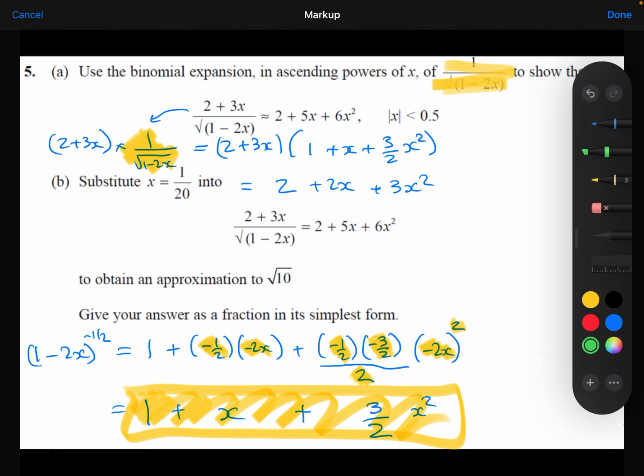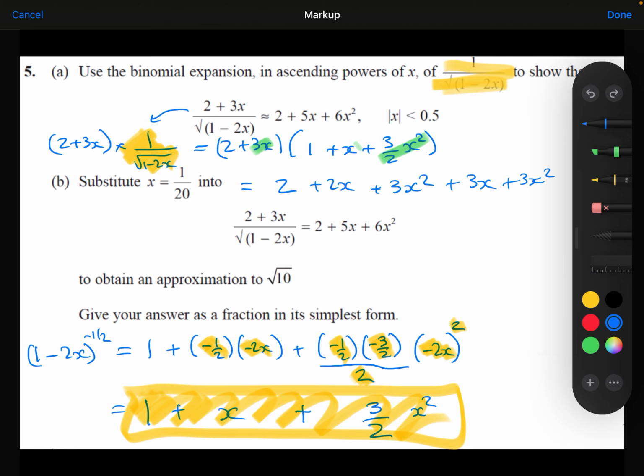We've then got 3x times 1, 3x times x, and I would also have a 3x times 3 over 2 x squared, but that would give me an x cubed term, and notice we don't need to include an x cubed term, we only need to get to the x squared term, so I'm not going to bother writing that down.